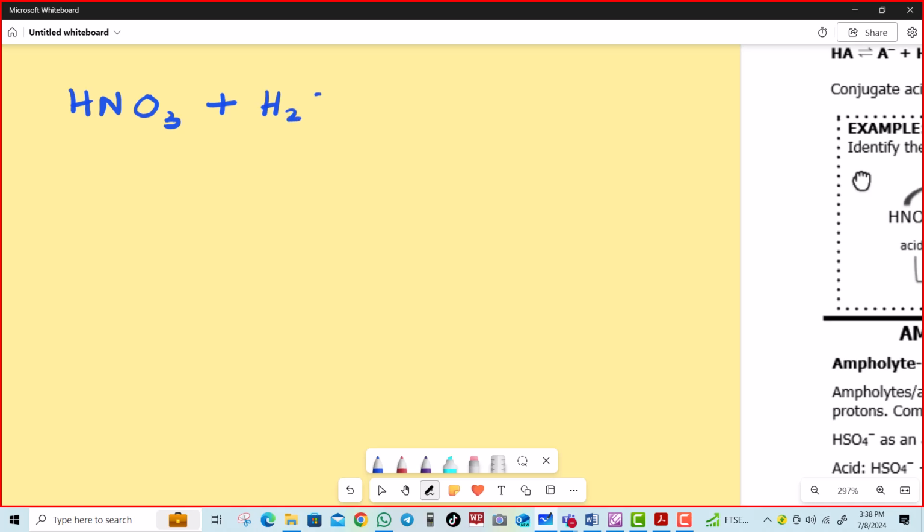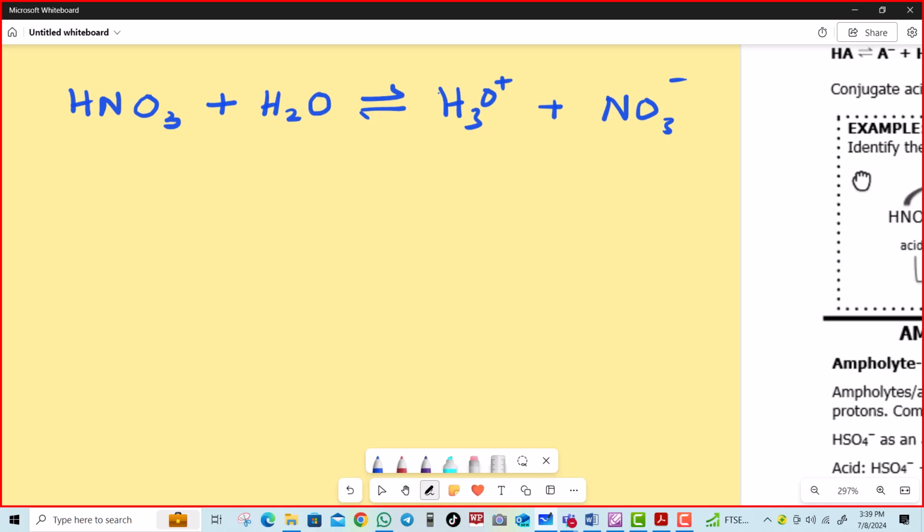This water is going to act as a base, so it's going to take up a proton to form the hydronium ion. And then the nitric acid, after giving away the proton, is going to become negative. That's nitrate, NO3 with a minus.